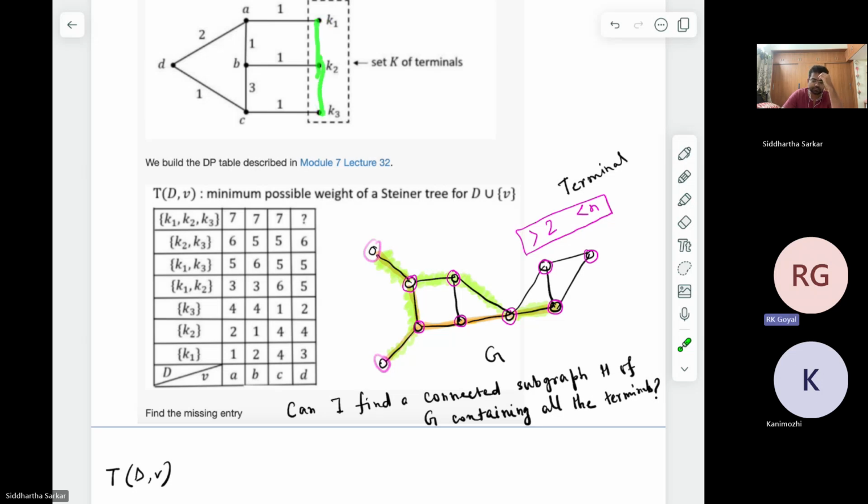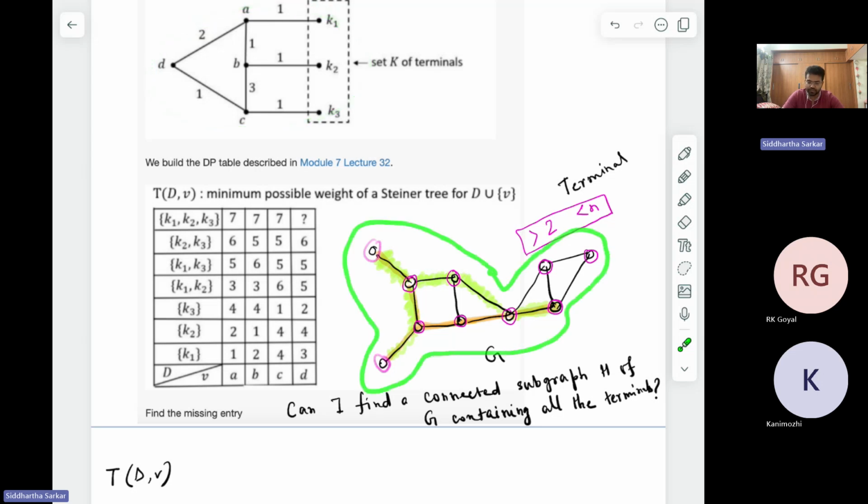So the problem is difficult because they are not connected with one another, so we require some intermediate vertices. You are right. If there are no non-terminals at all, if all the vertices are terminals only, then that reduces to the minimum spanning tree that we have already seen.